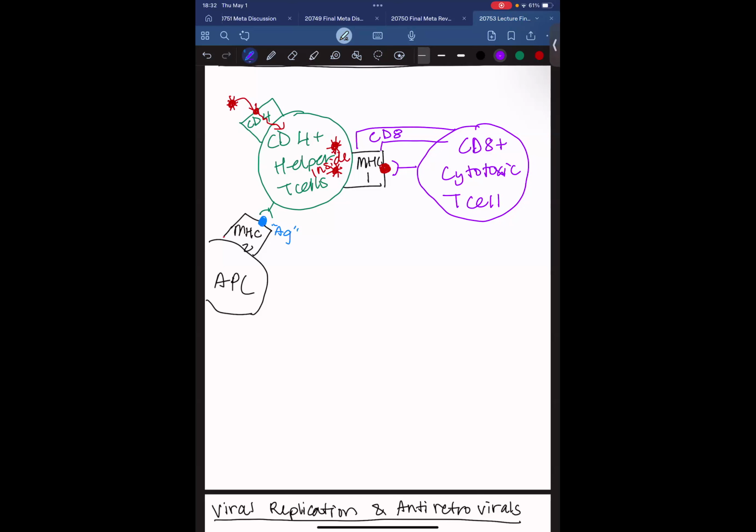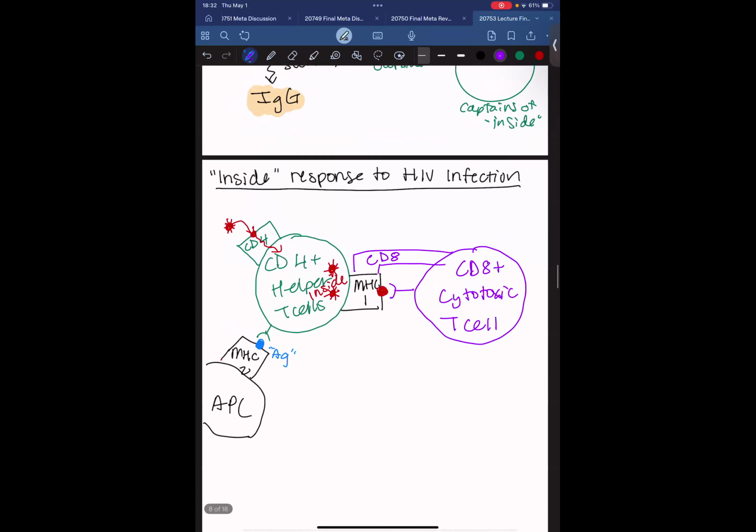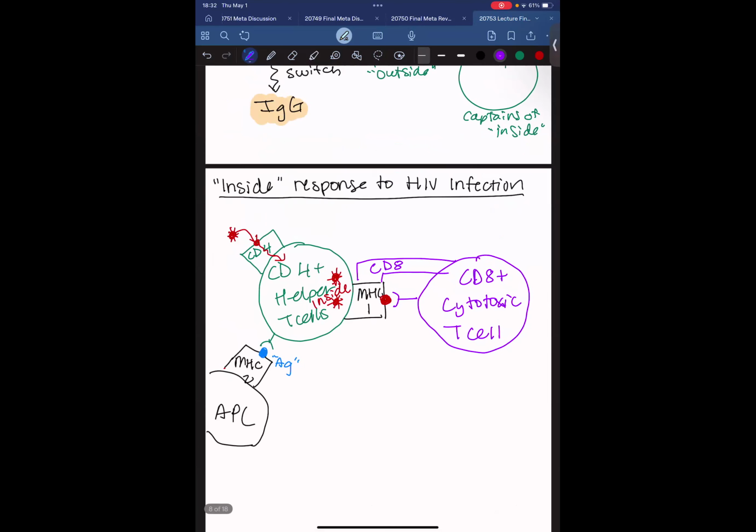All right, so our CD8 positive cytotoxic T cell can't do anything though without a signal from a TH. And it needs a Th1 cell to give it a signal for HIV specifically. So this might be a CD4 T cell that responds to just some kind of antigen. Maybe it responds to E. coli. Maybe it responds to flu. It doesn't matter.